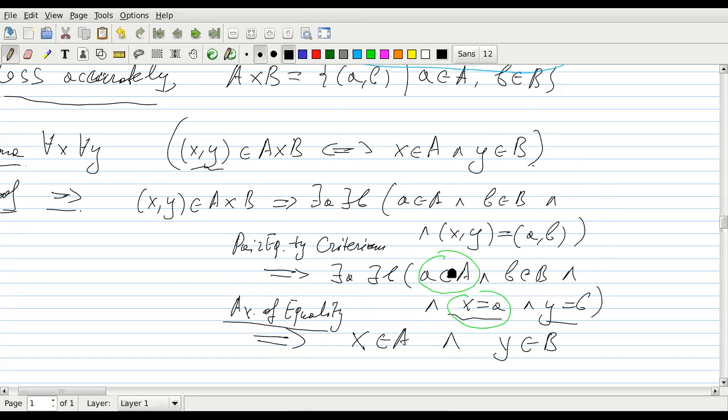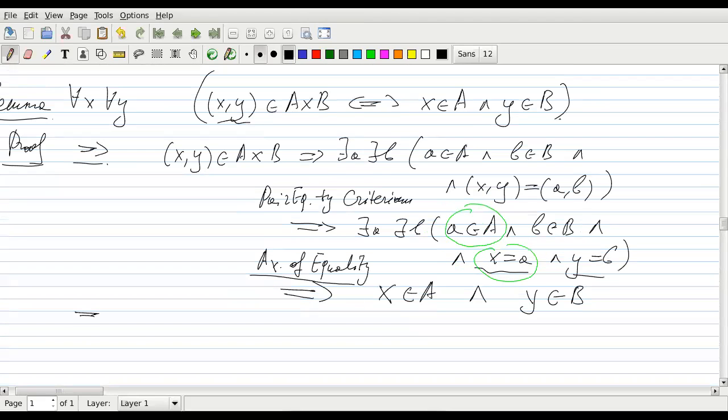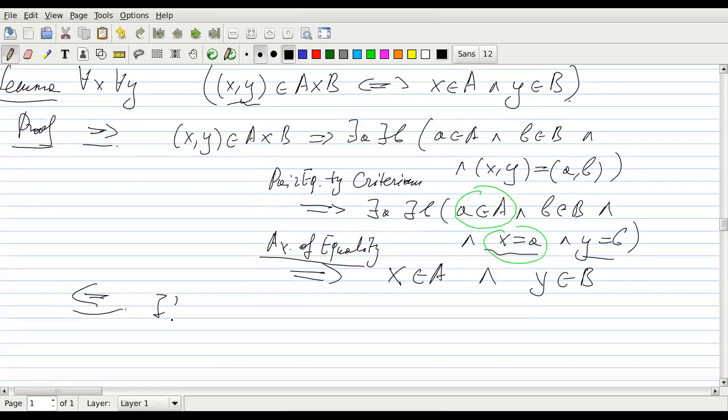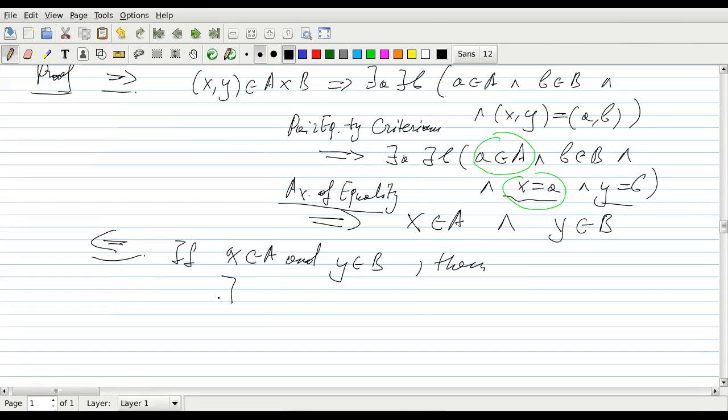Yes. And for the opposite direction, if x is an element of A and y is an element of B, then clearly there exist a and b such that a is an element of A and b is an element of B, and our pair equals their pair.